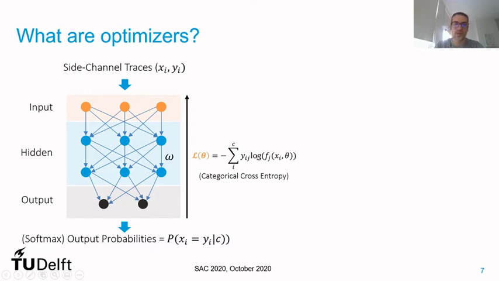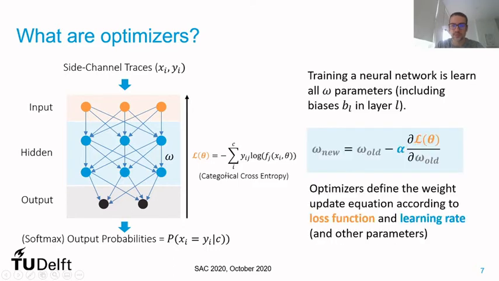This loss function is then used to update the array of weight connections, the learnable parameters, during the training phase. Training a neural network is basically learning all this array of parameters, including the bias for each layer. The optimizer is basically the equation that makes this weight update, combining learning rate and loss function in this update process.